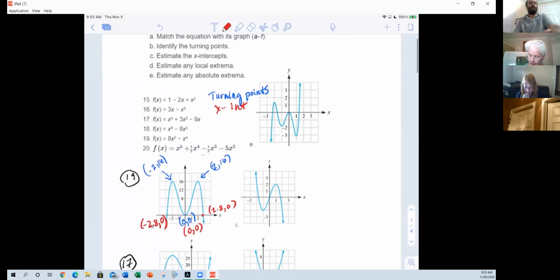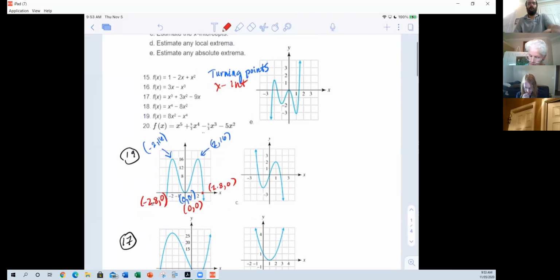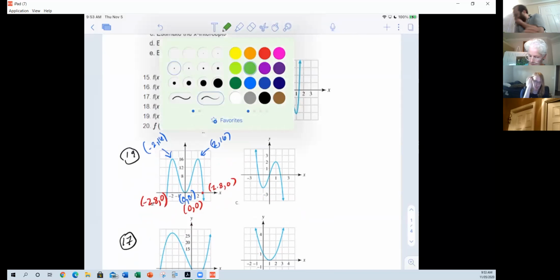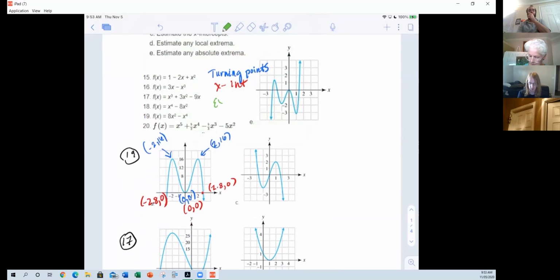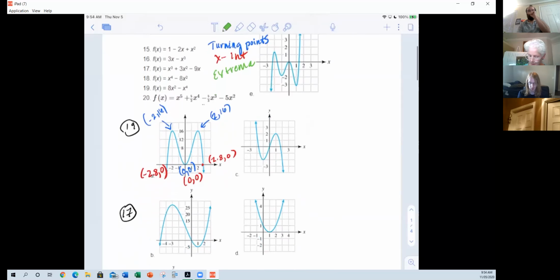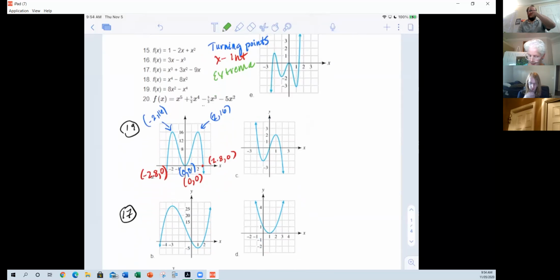And then any local extrema I'm going to do in green. So local extrema would be, again, 2, 16 or negative 2, 16, and 0, 0.